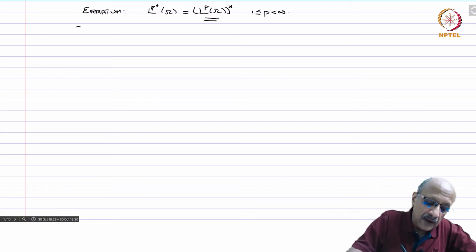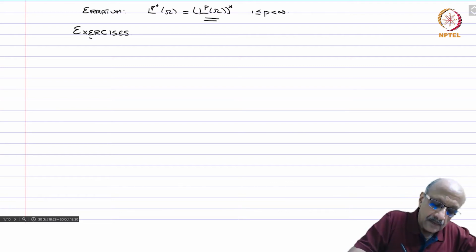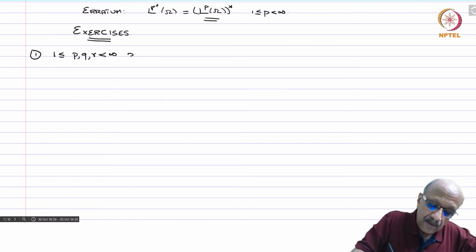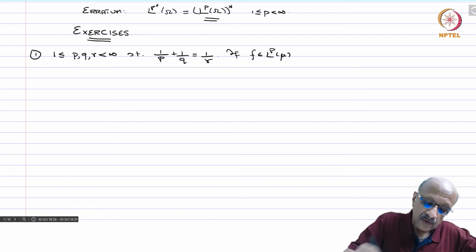So today we will do some exercises. First one: 1 ≤ p, q, r < infinity such that 1/p + 1/q = 1/r.